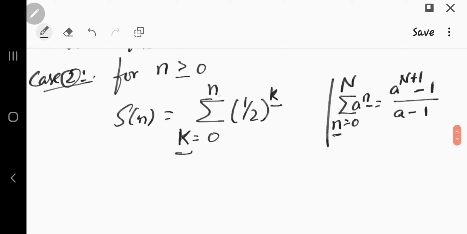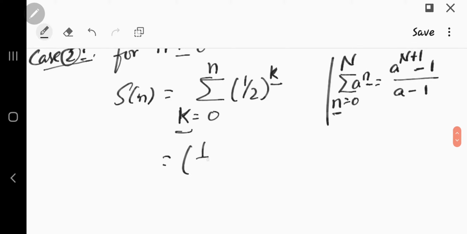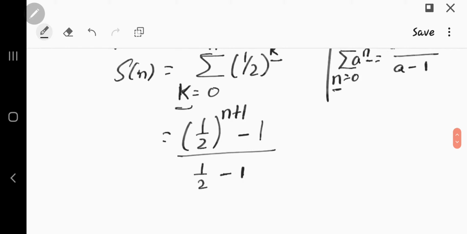So in place of capital N, we have small n here. So this suits better. We can apply this here. In place of a, we have 1 by 2. So let's apply this: 1 by 2 to the power of, here capital N is there, we have small n, plus 1, minus 1, divided by 1 by 2 minus 1.